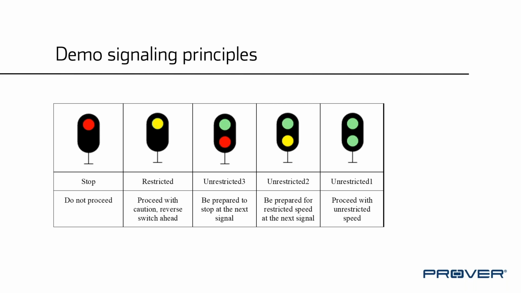So as you can see, this is not configurable in any way. It's a generic principle here, saying that if you have a reverse switch ahead, then a yellow light is used. Otherwise, there is a green light if you can pass the signal.